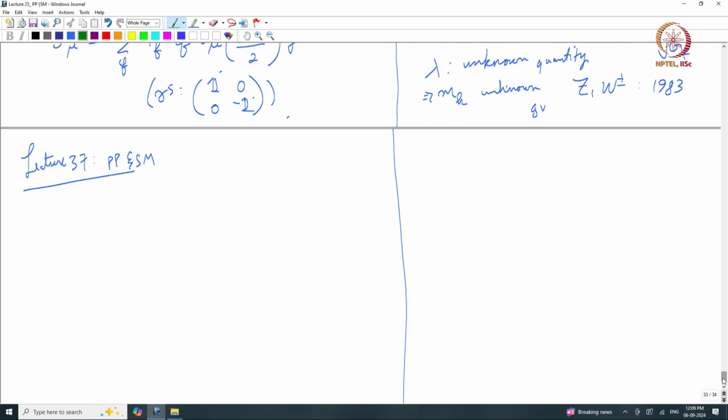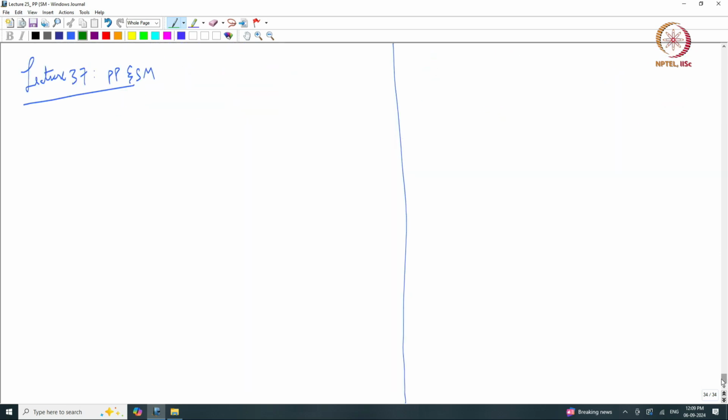Now we can go on to how this Higgs boson interacts with fermions and what consequences that has for particle physics. So, masses given by electroweak symmetry breaking, the fermion sector.